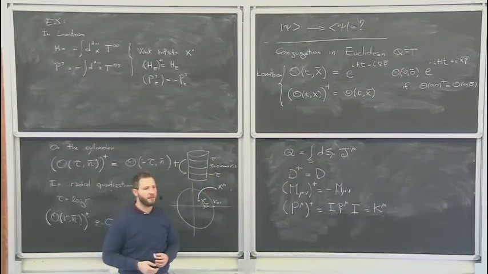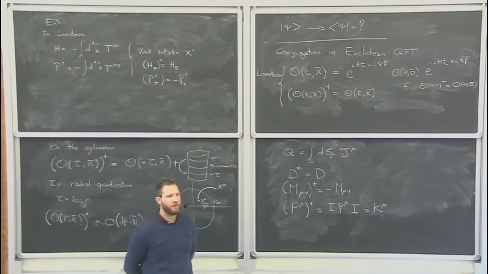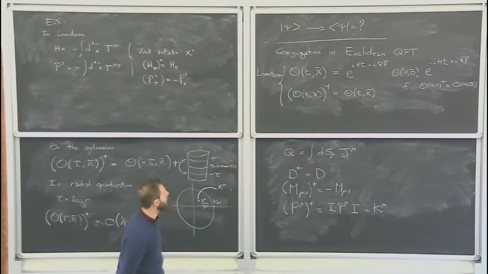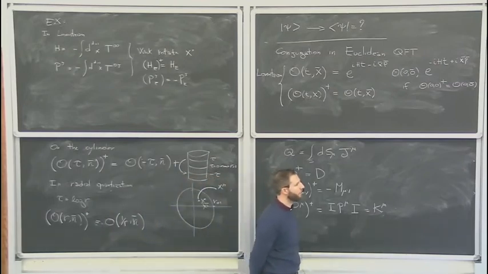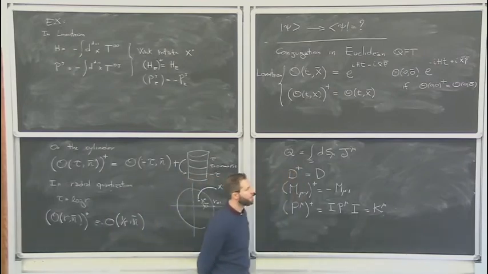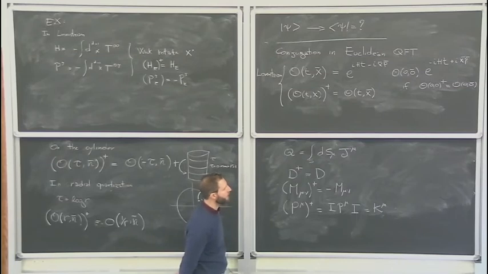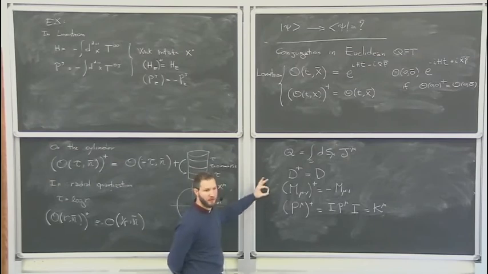Yes. If we consider the two-dimensional case, can we still obtain the remaining generators in the same manner? Right. You can obtain the transformation properties of all generators in the radial quantization by just doing this.